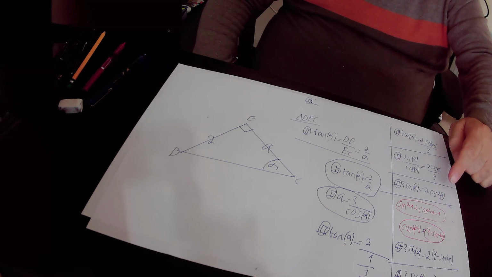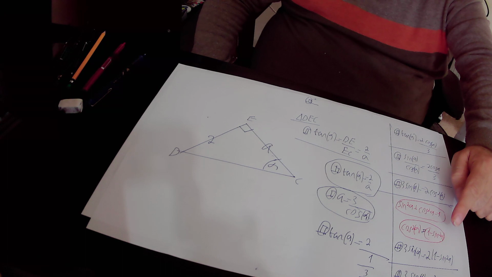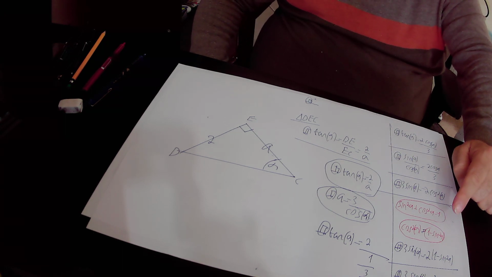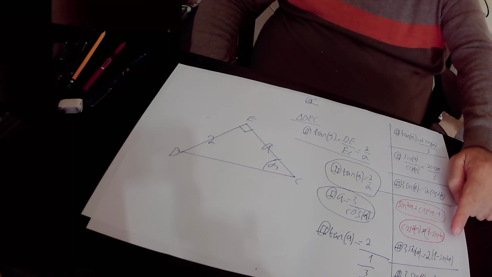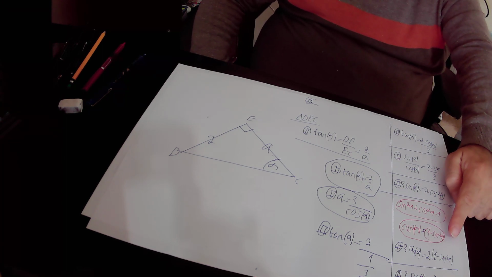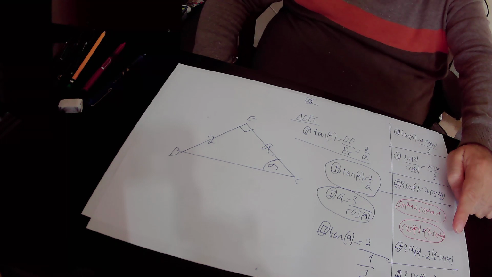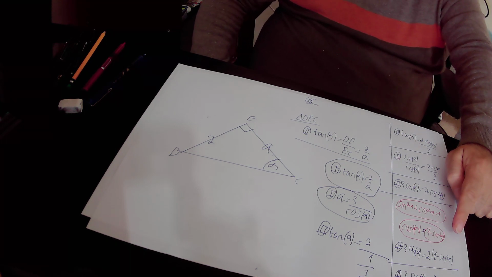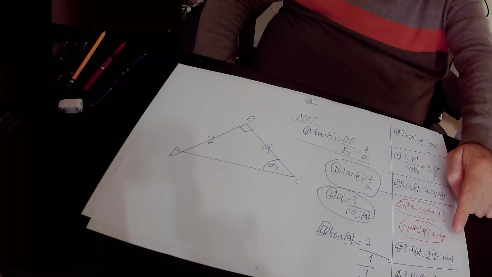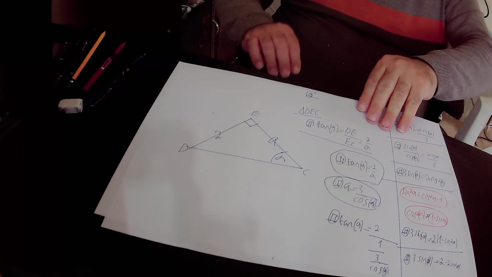We did it, and we got that 3 times sine alpha equals 2 times (1 minus sine square alpha). We open the brackets and get 3 times sine alpha equals 2 times 1 is 2, and 2 times minus sine square alpha equals minus 2 times sine square alpha.